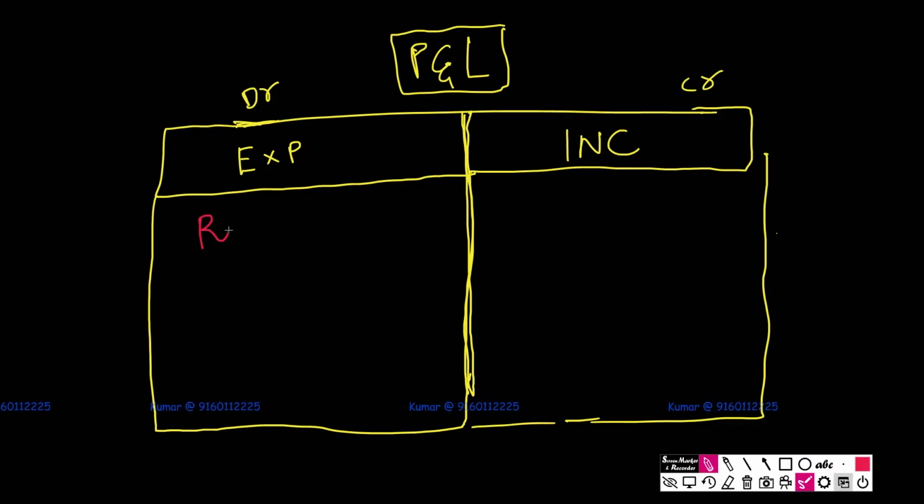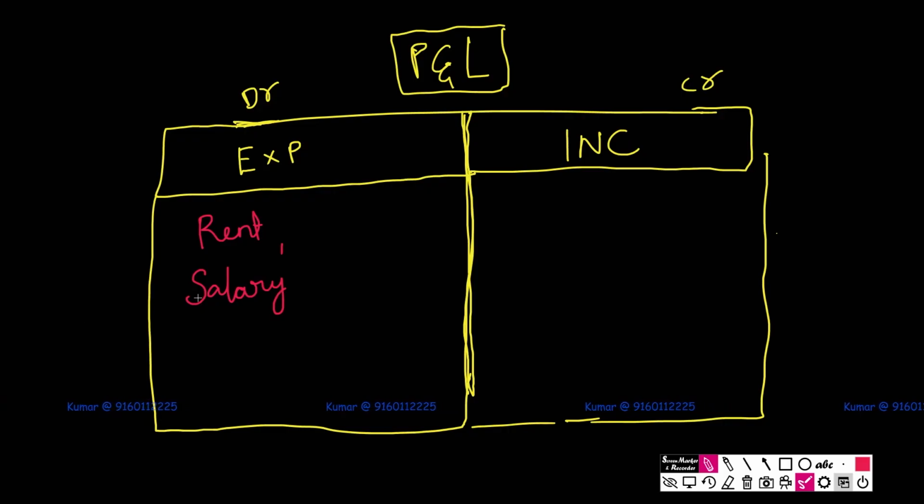Rent, salary, electricity. So all these things we are going to pay every month.